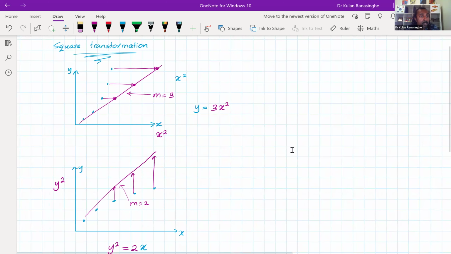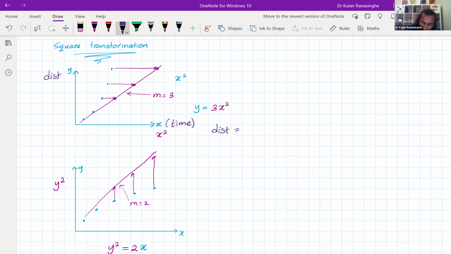Could I get you to copy this? All you have to do is square the values given if you've been asked to do so. For example, if I had this as time and this as the distance, then my equation of the form is distance is equal to 3 times, not just time, it's the square value of the time.